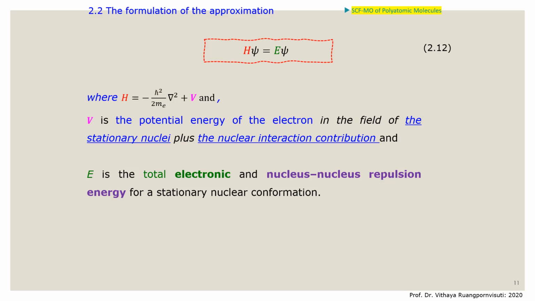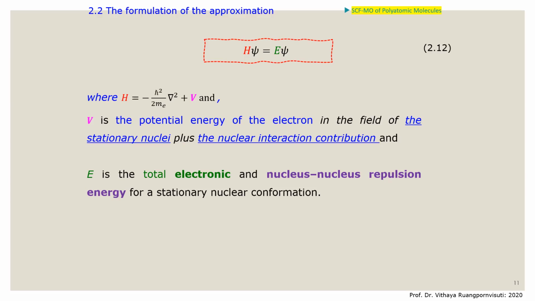The Hamiltonian H is equal to minus h bar squared over 2 times m subscript small e multiplied with the Laplacian operator plus potential V. The potential V is the potential energy of the electron in the field of the stationary nuclei plus the nuclear interaction contribution.